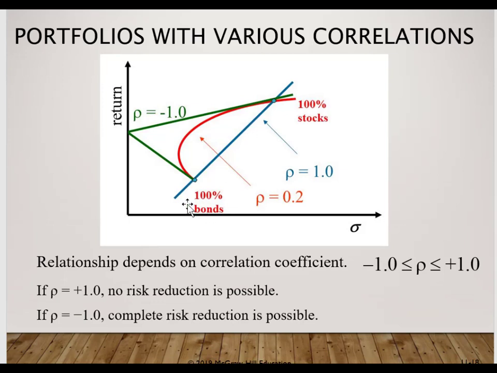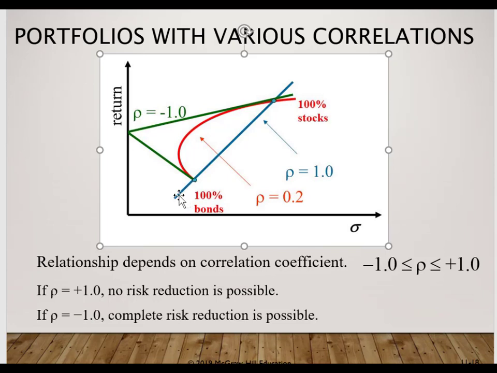So what you can see here is we have this blue line that connects 100% bonds to 100% stocks. Everything between these 2 points is what we refer to as a positive or long investment in those 2 securities. So here's 100% bonds, 0 stock. Here's 100% stocks, 0 bonds. And everywhere between there are long positions.